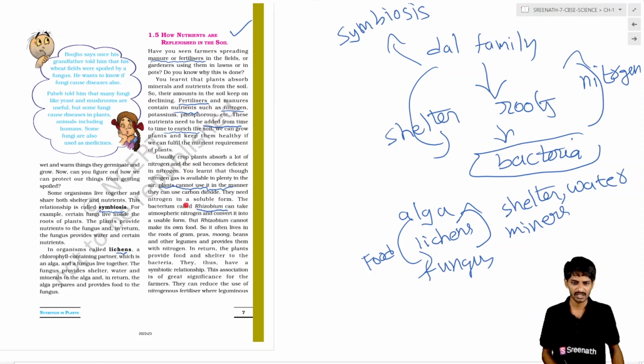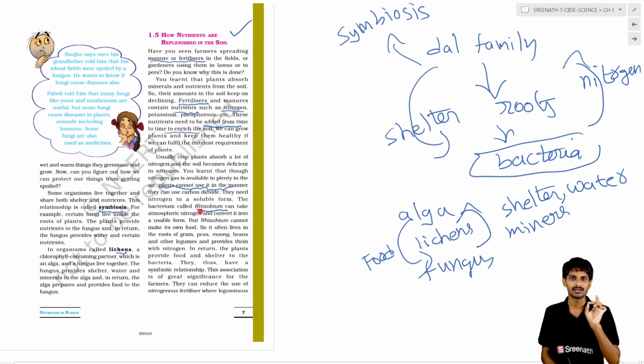Okay, now another thing is, though nitrogen gas is available in plenty in the air, as I have told you previously, plants cannot use nitrogen directly like they use carbon dioxide.